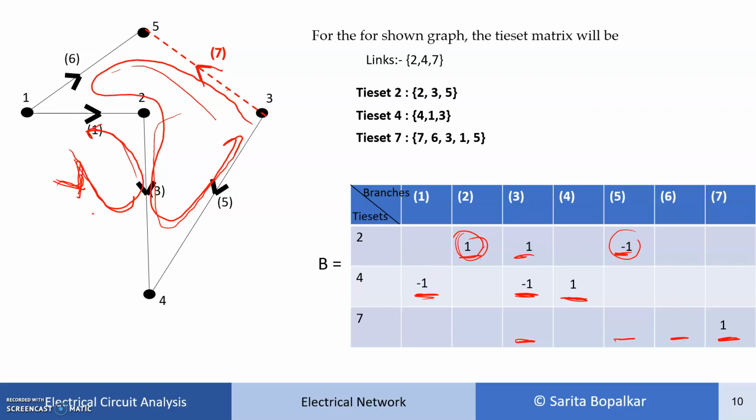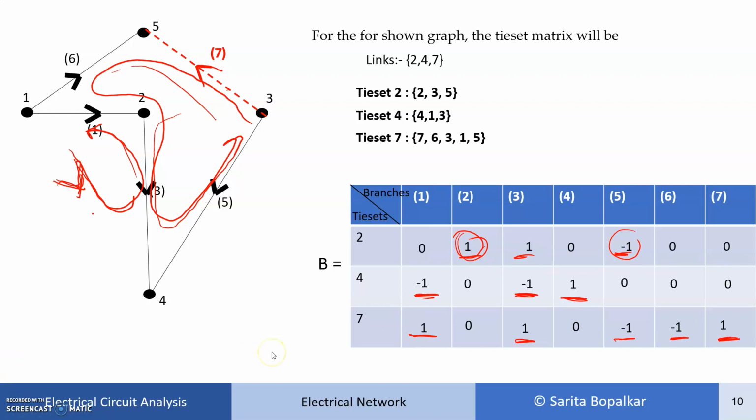It is 1, otherwise it is -1. Branch 6 is opposite, -1. Branch 1 coincides, it is 1. Branch 3 coincides, it is 1. Branch 5 is opposite, it is -1. Like this, we complete row wise for the branches which are part of this F loop, and all the other remaining elements should be 0. So this is our Tieset matrix.